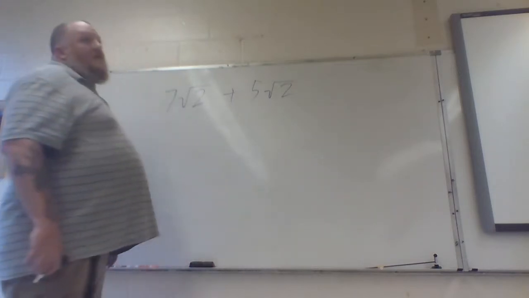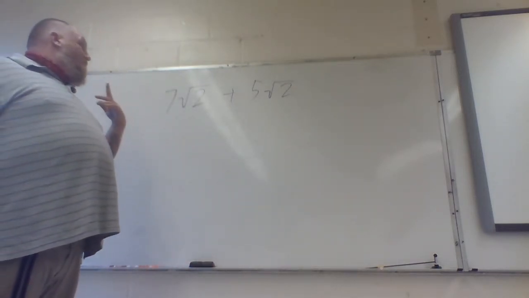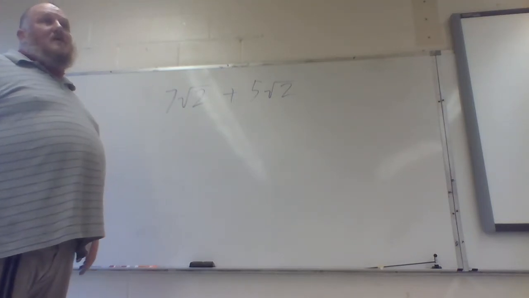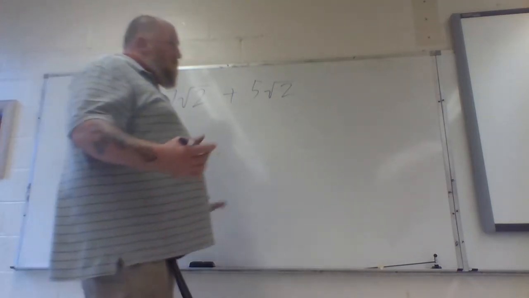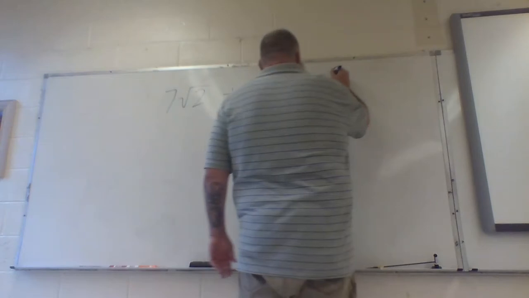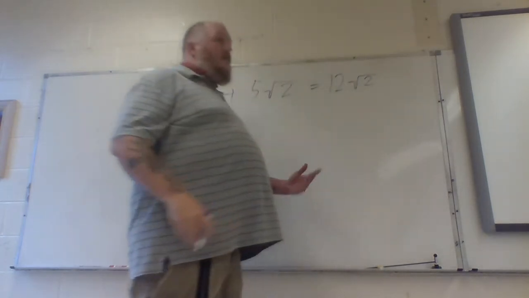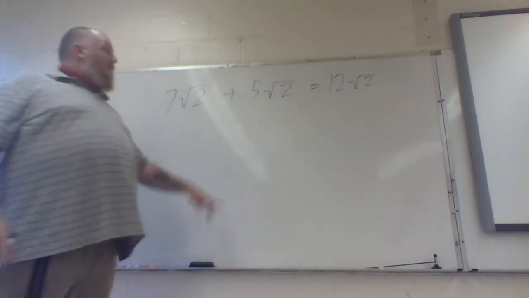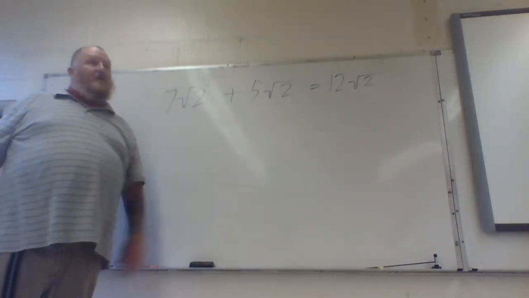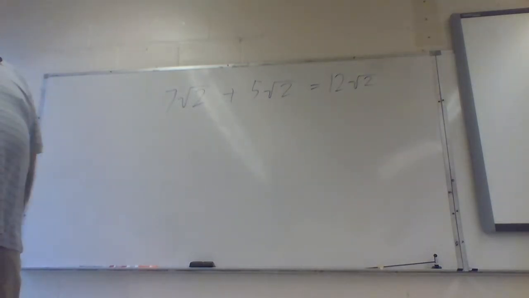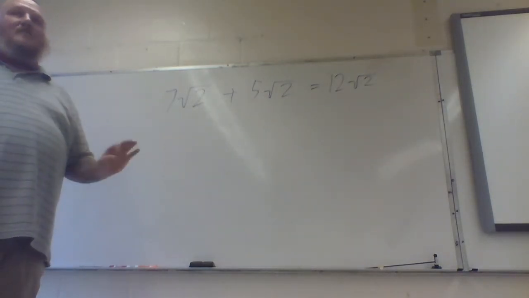All right, we have the same radical for both of them, so it's really easy. It's just 12 times square root of 2. If you have the same radical, you add these two numbers together. It's really that easy. I know you don't believe me, but it is.